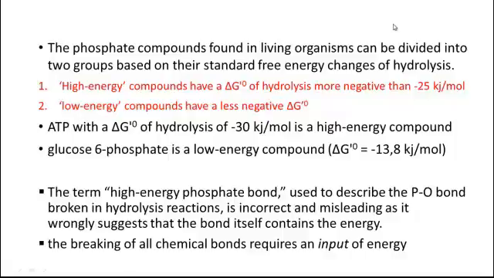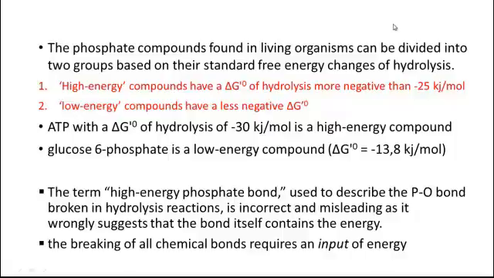This is broken in hydrolysis reactions, and because of the breakage of the bond, the energy is released. But this gives a wrong impression, as if the bond itself contains some energy.